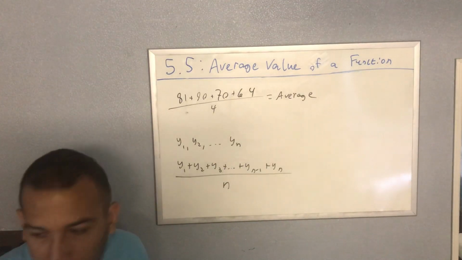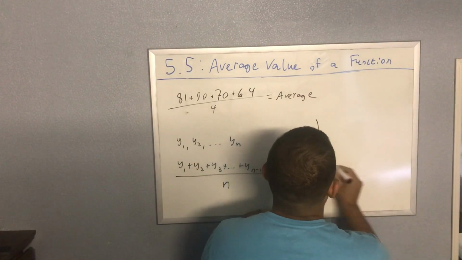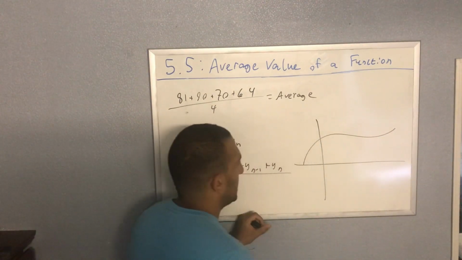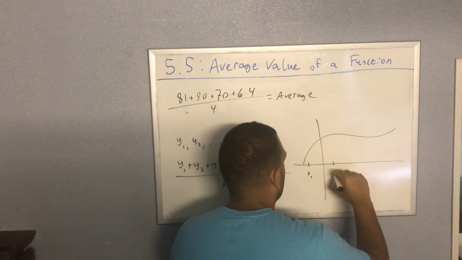So if we think about a function and average value, meaning the output of the function, let's say we pick some sample points.